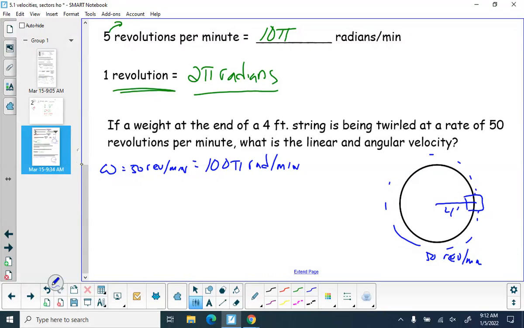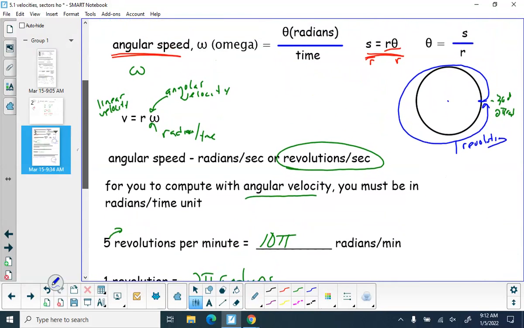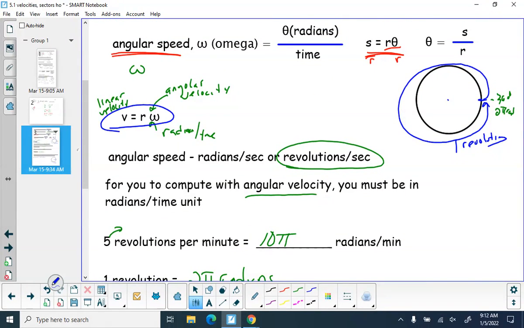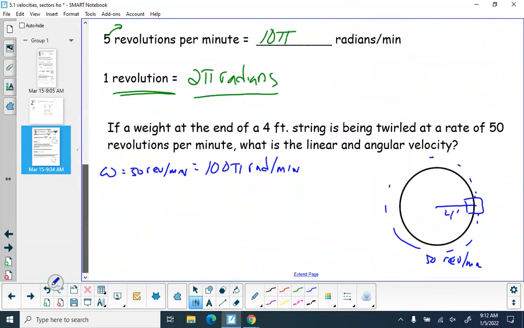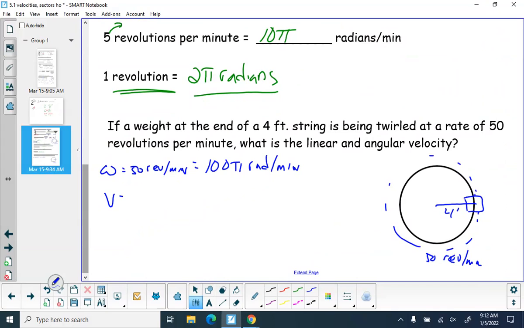To calculate your linear velocity, we could just take our angular velocity and multiply it by its radius. So our linear velocity is r times omega. My radius is 4 feet.